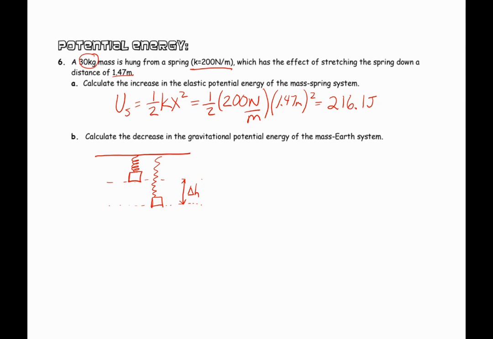Well, our change in height is negative 1.47 meters. So our gravitational potential energy is equal to mg change in h. Well, our mg change in h is 30 times 9.8 times negative 1.47 meters. And that ends up giving me a value of negative 432.18 joules.